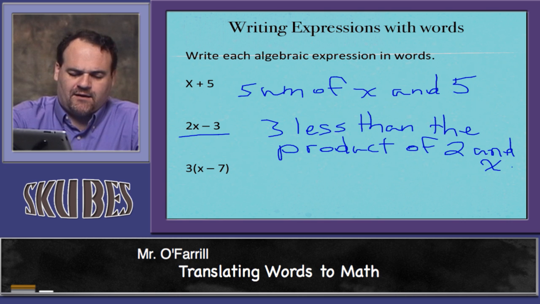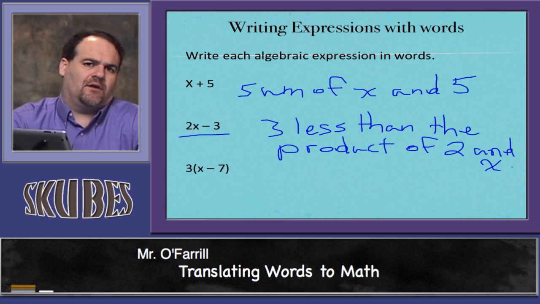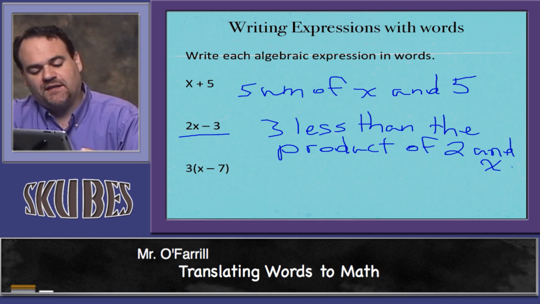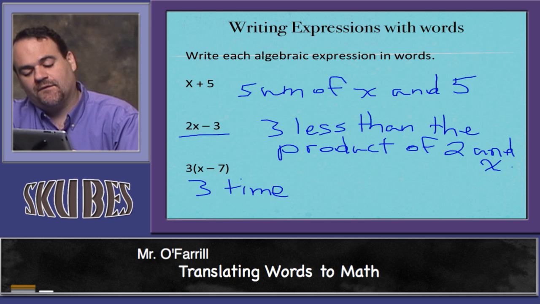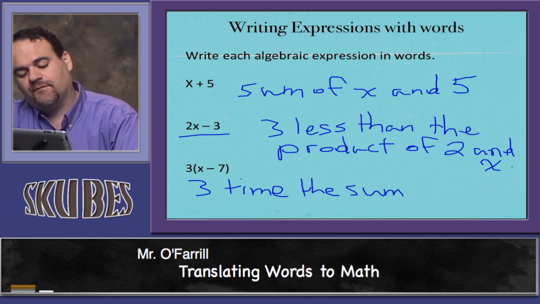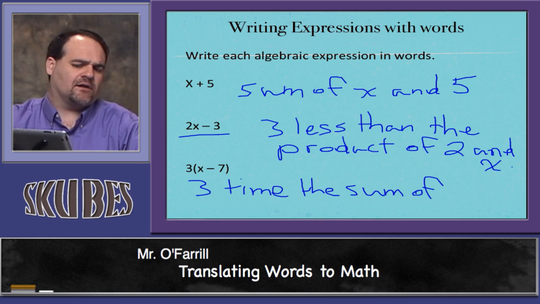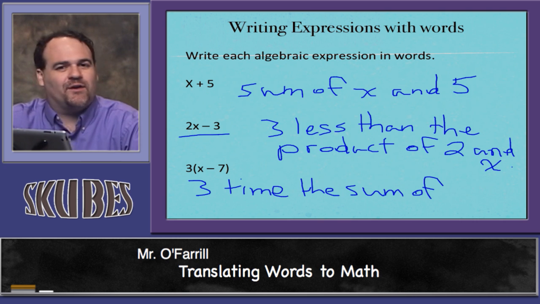Okay? And finally, let's just do this last one fairly easy. We'll just say that this is 3 times the sum of... Did I say sum? What operation are we doing?